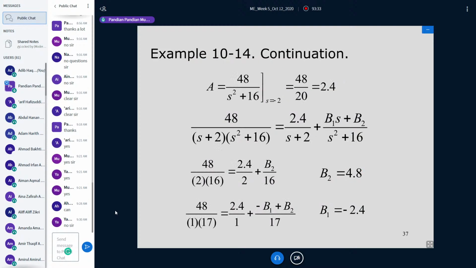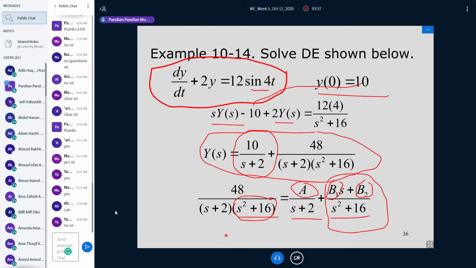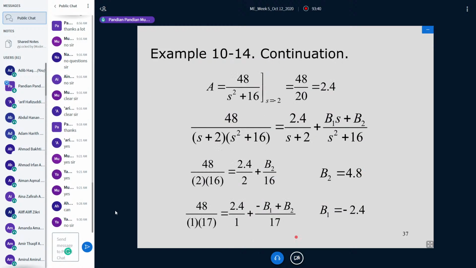There is a way to do this. You substitute s plus 2 is 0, so s is minus 2. Minus 2 squared is 4, 4 plus 16 is 20. So 48 divided by 20 is 2.4. They put it in terms of decimal number, but this is correct. Once you have 2.4, you can put this A here, no problem.